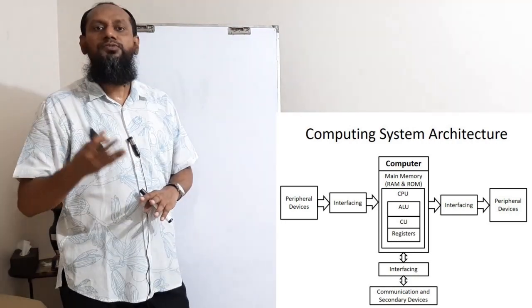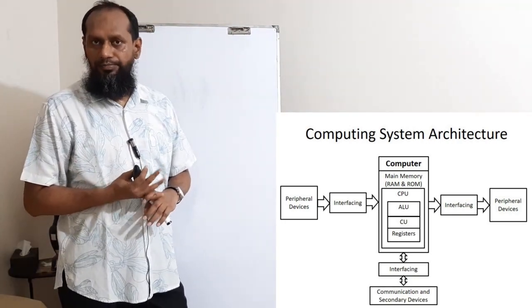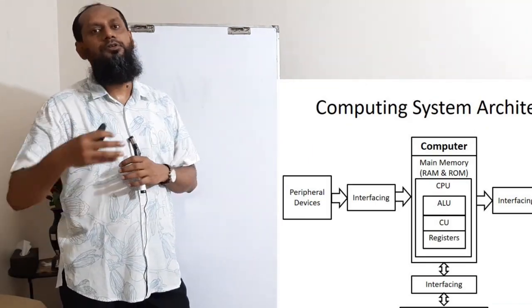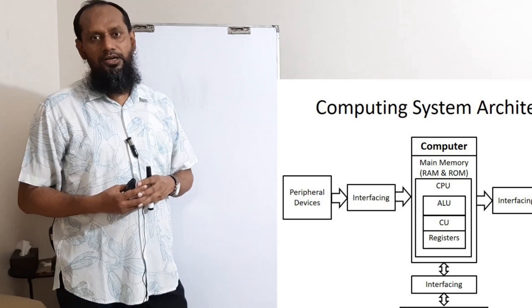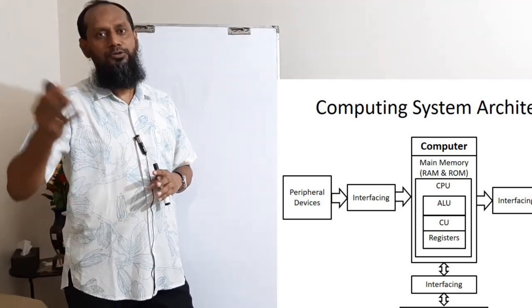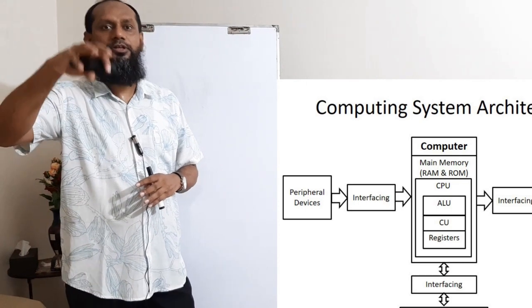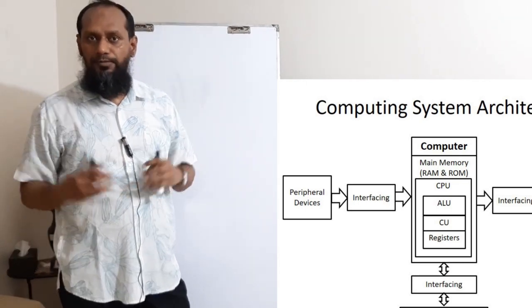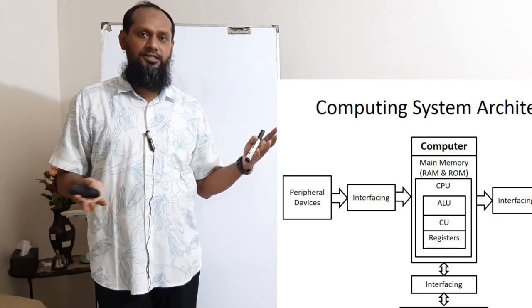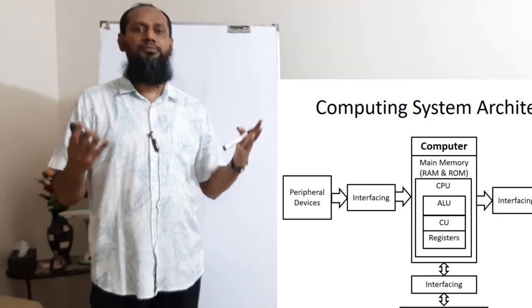The ALU is for arithmetic and logical tasks, and the CU is for controlling. Like in this classroom, I have to control students, or in my house, I have to control my family. Even for the university, we need a registrar office to control everything. So we need a controller, and for doing any kind of task, we also need some registers.